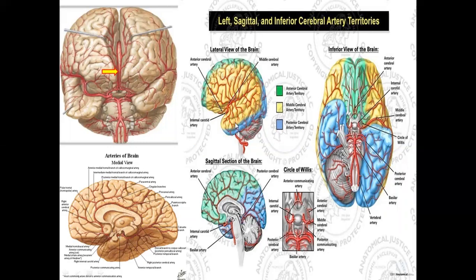But the whole of the superolateral surface is supplied by the middle cerebral artery. The major motor area of the brain is supplied by the middle cerebral artery. When it is blocked, it causes paralysis of the contralateral side of the body. So this is a major supply of the brain, the middle cerebral artery.